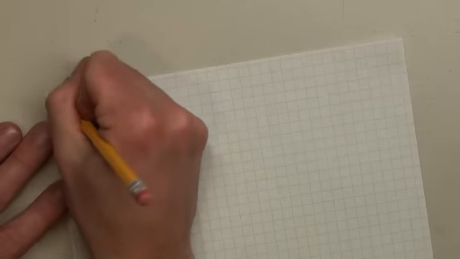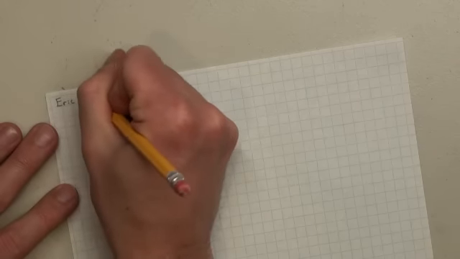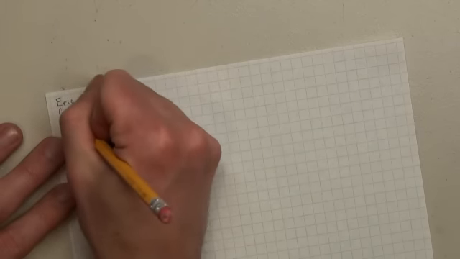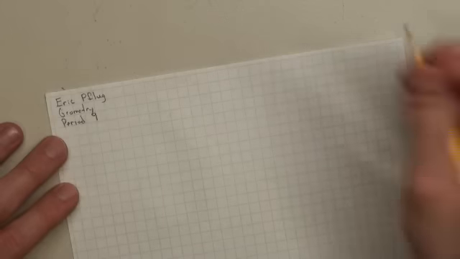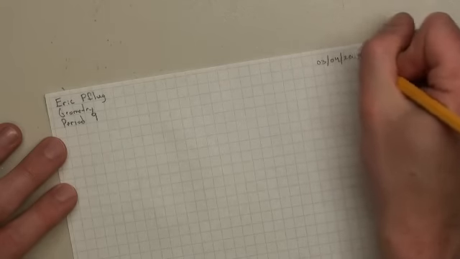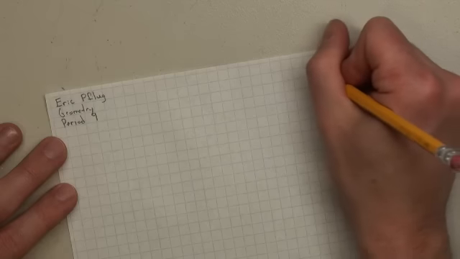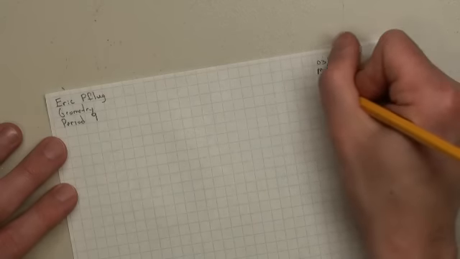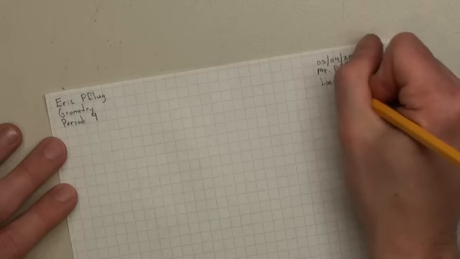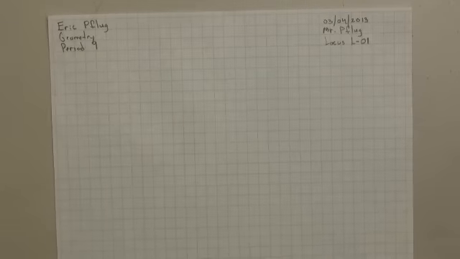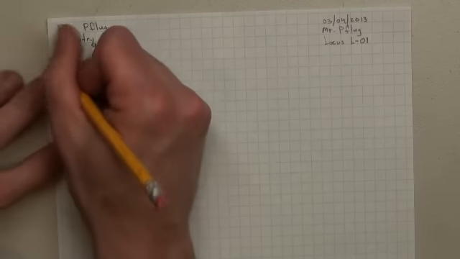I want your name. Course. And the period. Date. Then I want my name. And then locus L01. Okay? So, here's example 1.